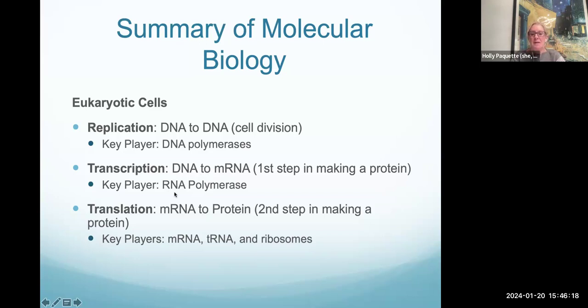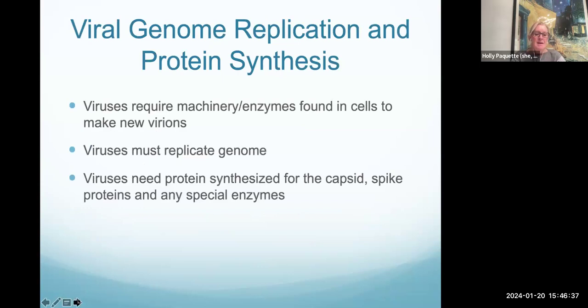Key player in this is RNA polymerase, an enzyme that can make mRNA from DNA. And translation, where we have mRNA that's being translated into a protein. Key players in this are the mRNA, tRNA, and ribosomes. Oops, sorry, jumped ahead there.